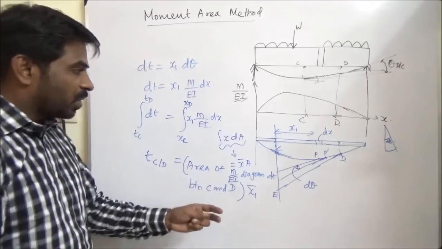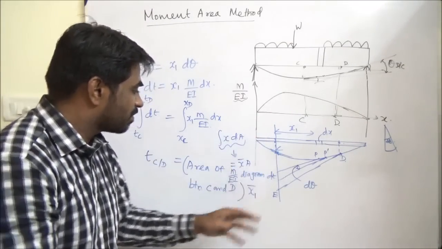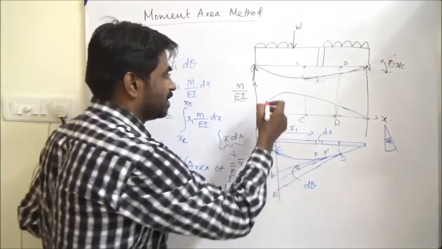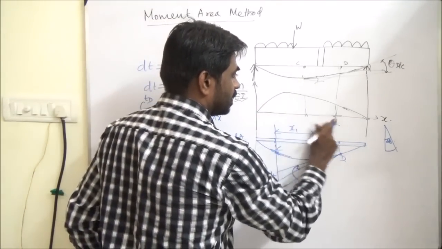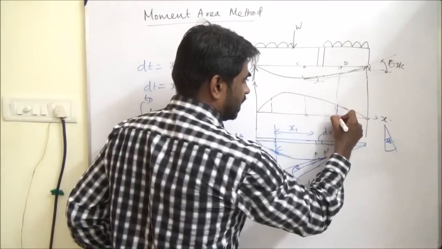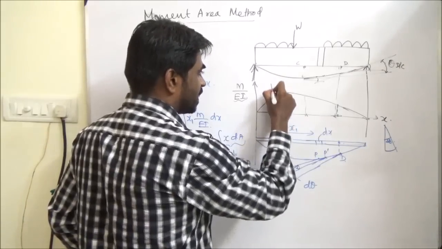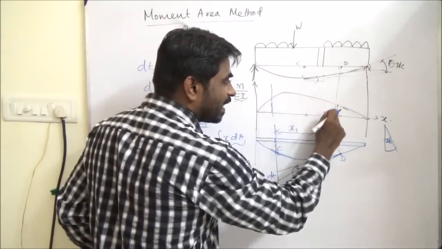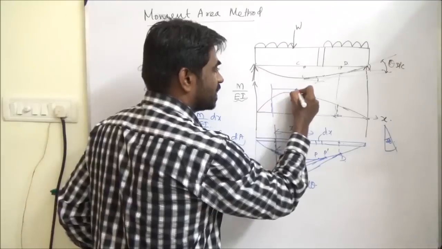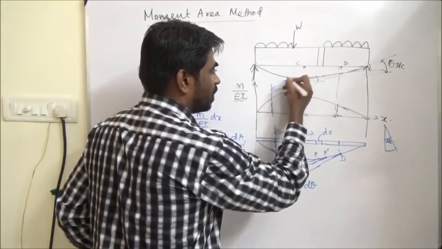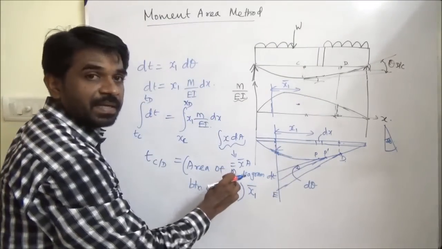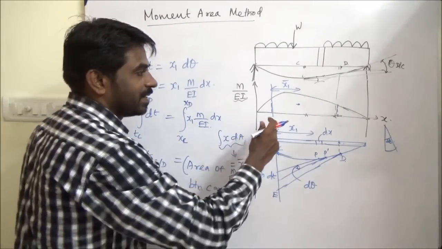Okay, so if I'm taking the area between C and D, so this is now your C and this is D. If this is the reference, this diagram will have a centroid point. So this is X bar, X1 bar, okay, and the area is nothing but M by EI into this distance.